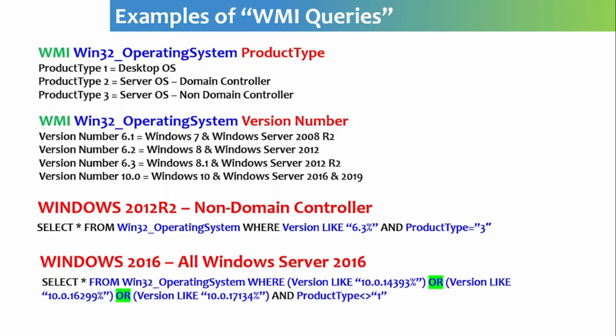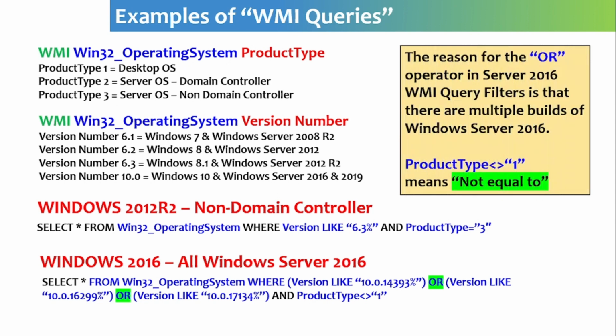It means not equal to 1. Not equal to 1 means not equal to desktop operating system, so it can be a domain controller or a non-domain controller. The reason for the OR operator is that Windows Server 2016 has multiple builds.